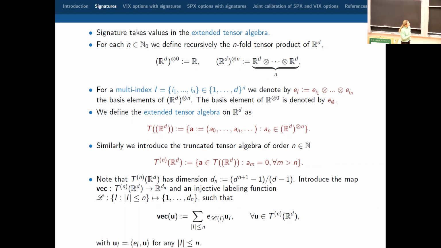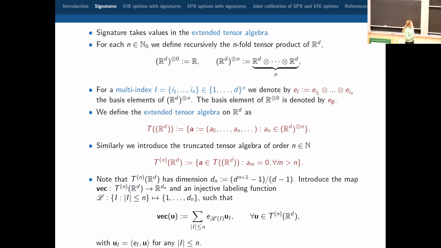And for further use, I need also a basis of this n-fold tensor product of R^d. So I have a multi-index I consisting of indices which take values from 1 up to d.